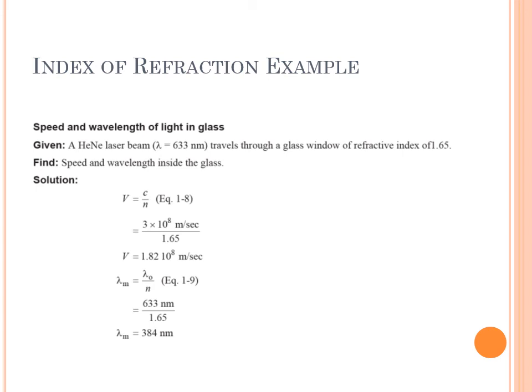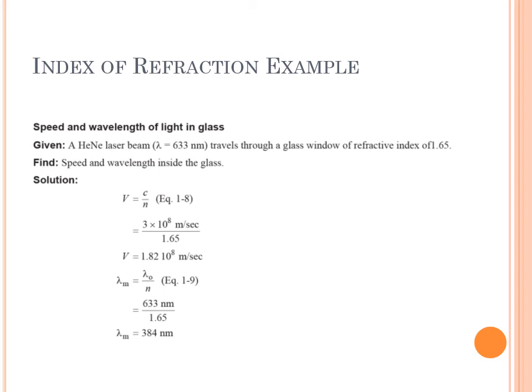Similarly, if I take equation 1.9, which says that my index of refraction is my wavelength in the vacuum over the wavelength in the material, and I rearrange that, I could say that the wavelength in the material is equal to the wavelength in the vacuum divided by my index of refraction.